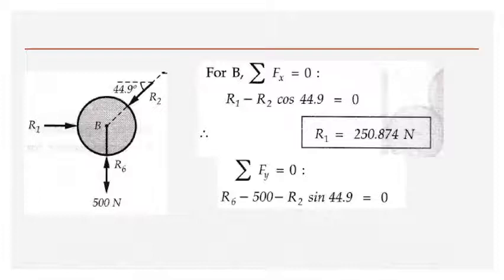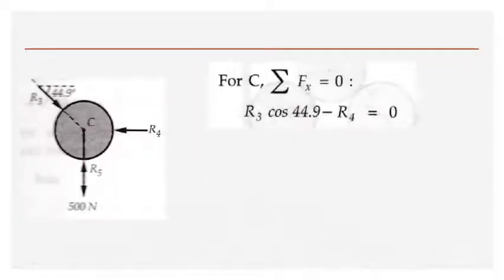R2 we have found out already in the sphere B. So substitute and find out R1, sorry, that is not R1, that is R6. That also you get as 250.874 Newton.